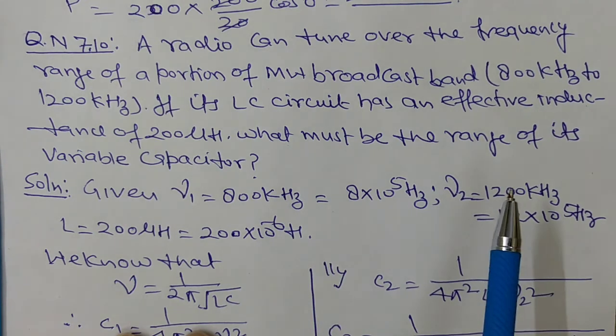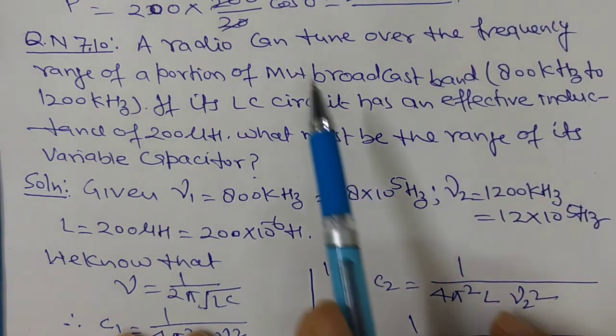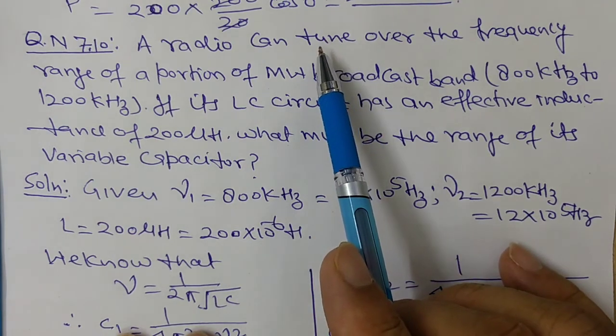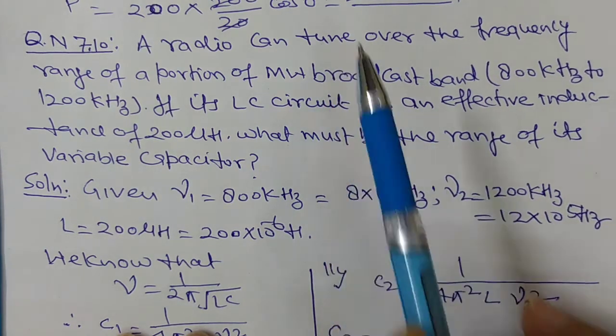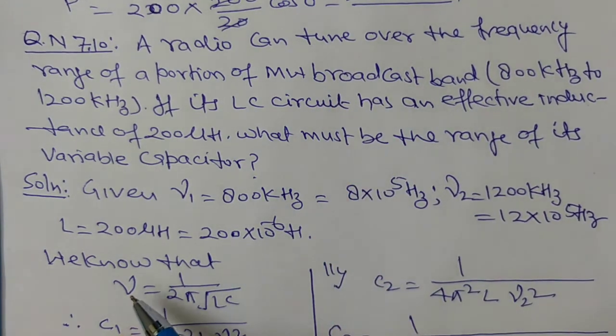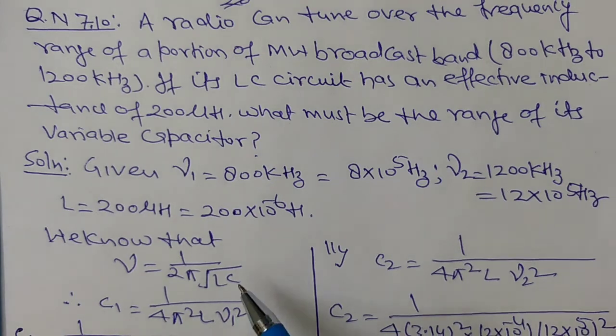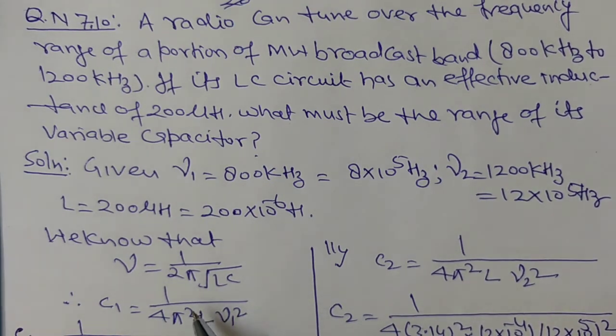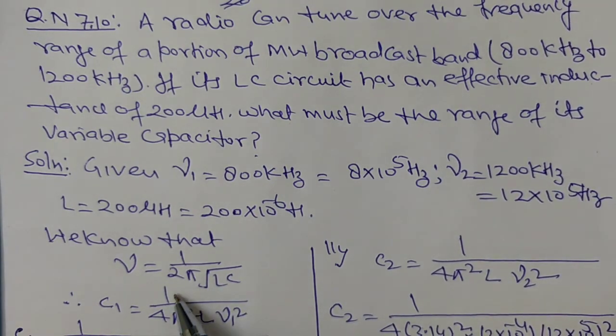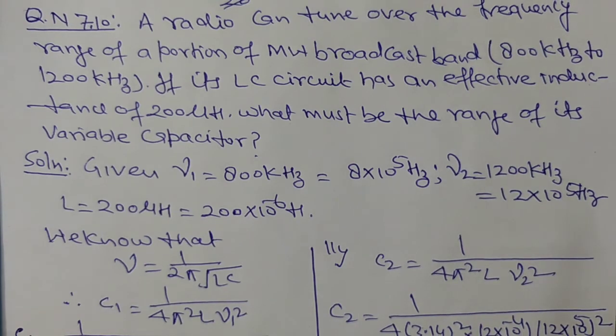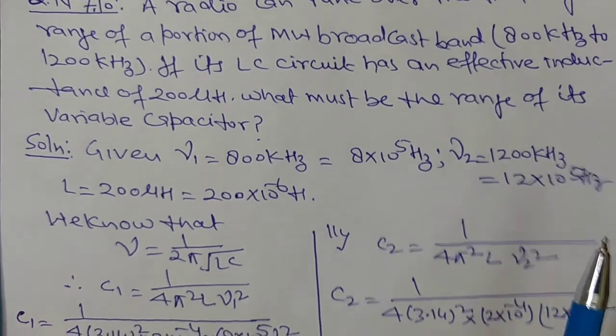Now the circuit is a tuning circuit, meaning resonance. The frequency of resonance, nu, is equal to 1 upon 2 pi root LC. On squaring both sides, C1 is equal to 1 upon 4 pi square into L into nu 1 square.